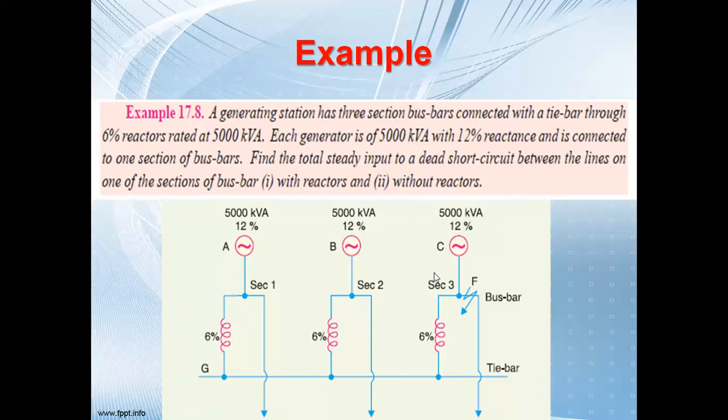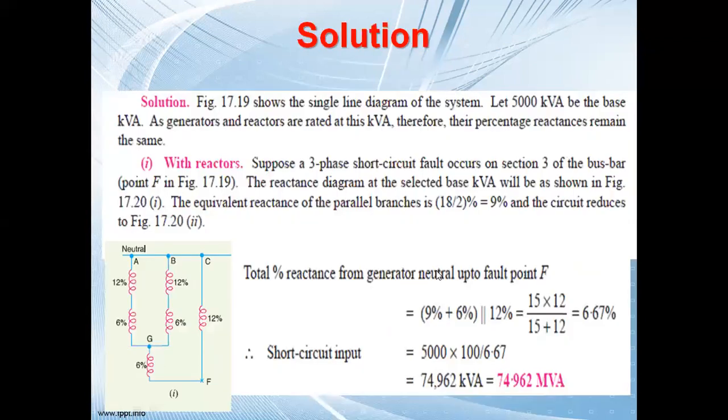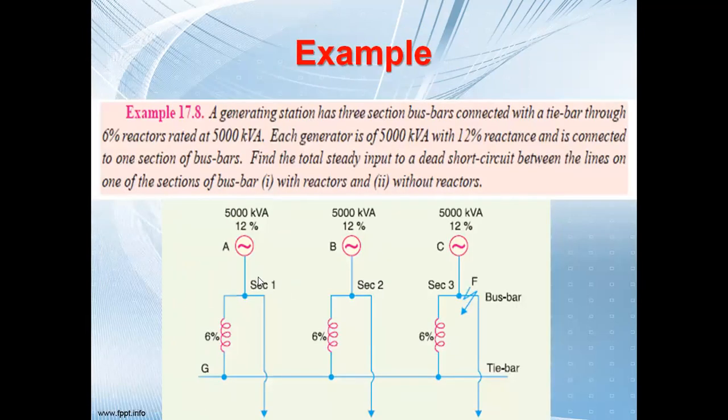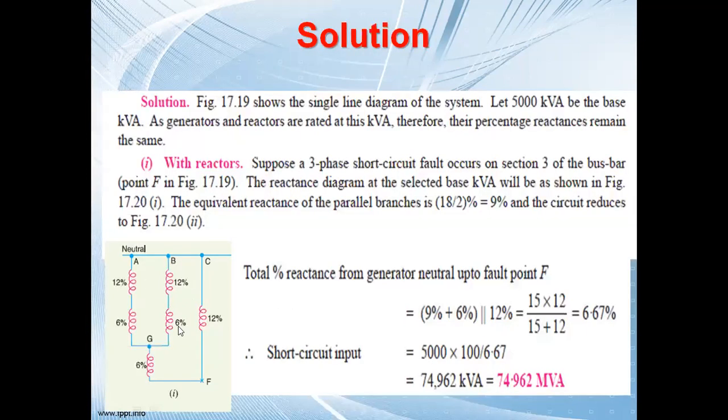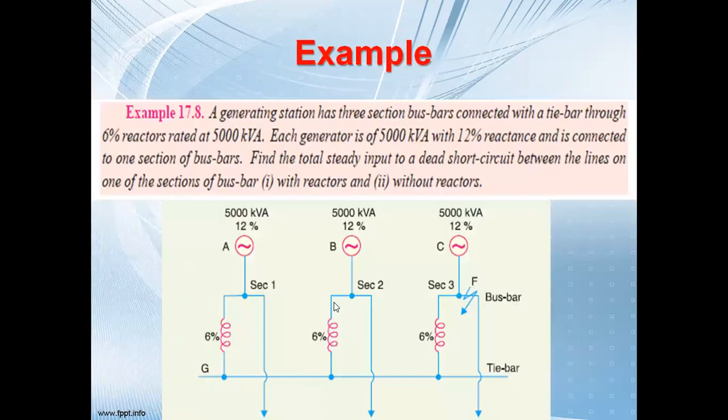Now for these particular reactors, you see, this reactance is 6%. So what will be the reactance diagram? This 12% will be there for this generator, and 6% for both the cases. Now these two are in parallel. The fault has occurred here.